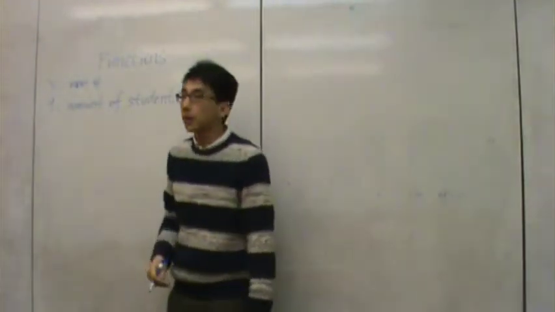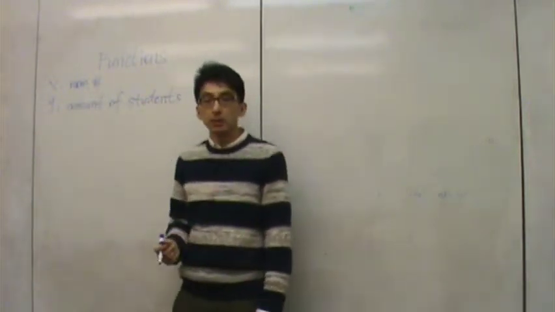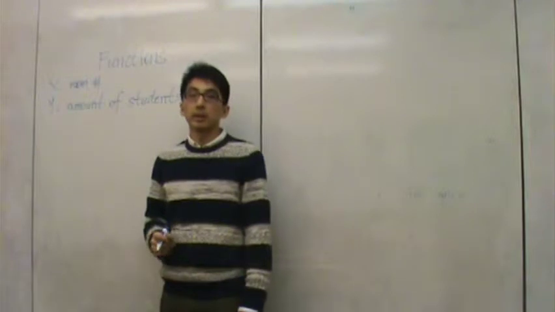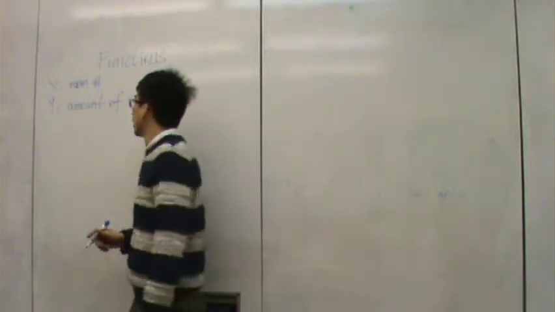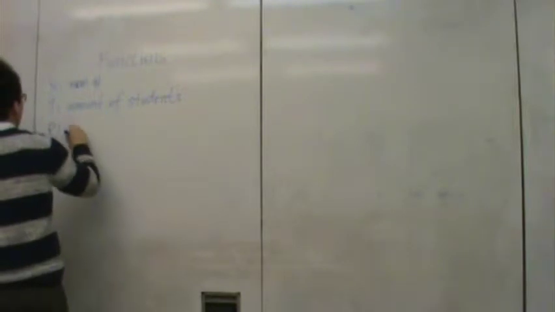Then if you give me any room number, I can give you a value y that represents the amount of students in that room. I'll call it rule of x equals y.